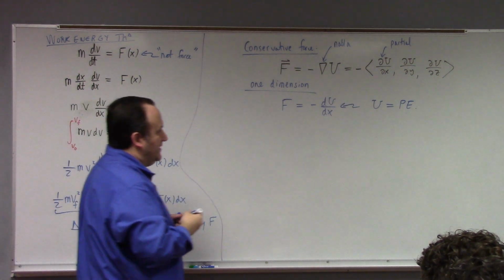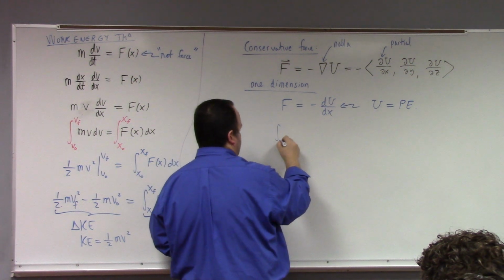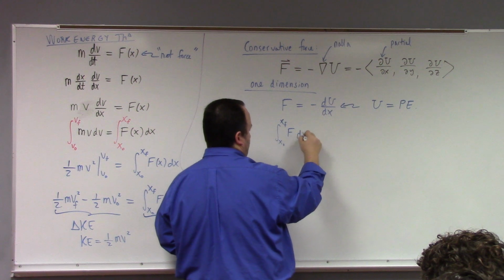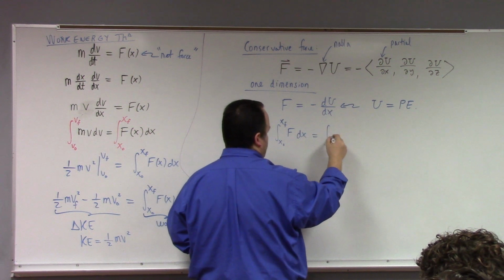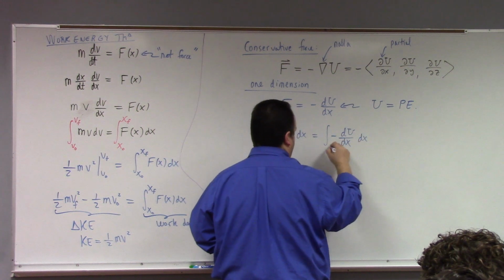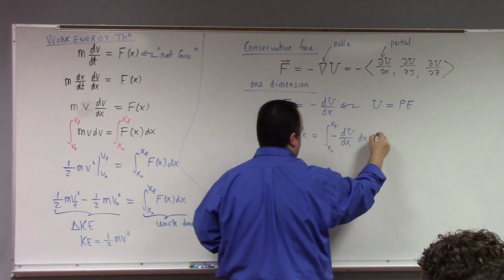So what happens if you integrate from x naught to x f of F, which is conservative? What's that look like? This is easier, right? So you've got minus du dx, dx, integrated from x0 to xf. What's that give you?